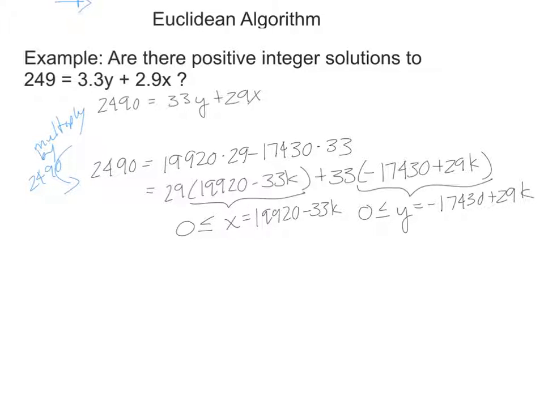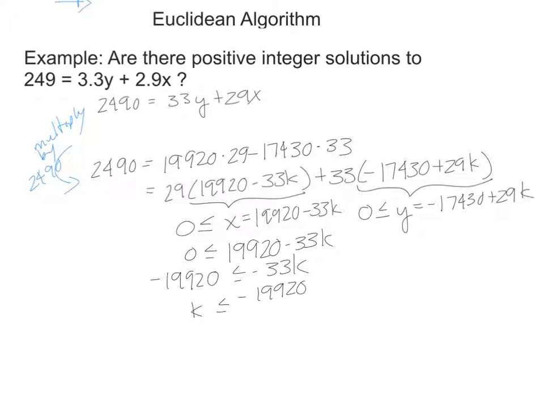So when I look at the equation for x, that gives me a restriction on k. I have 0 is less than or equal to 19920 minus 33k. So k is less than or equal to 19920 over 33.